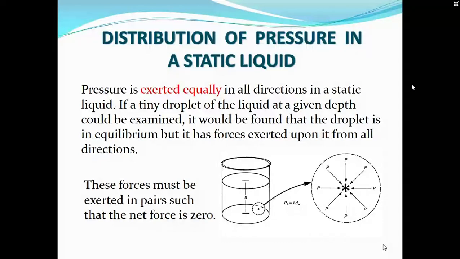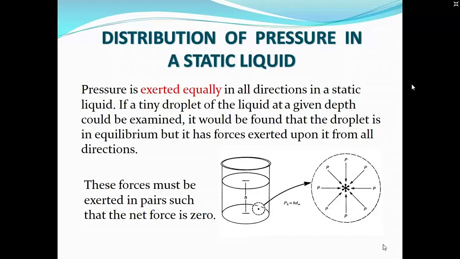So it behaves as if there are no forces being experienced. Here, in fact, there are non-zero forces, but since pressure is exerted equally, which means that those forces are exerted equally from all possible directions and cancel each other, there's no net force.